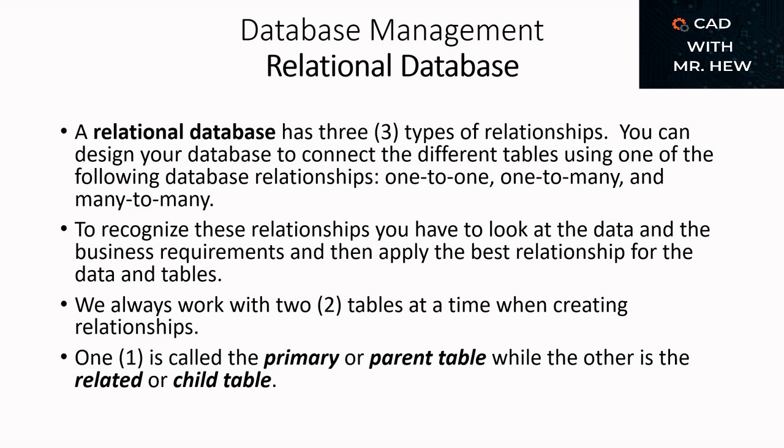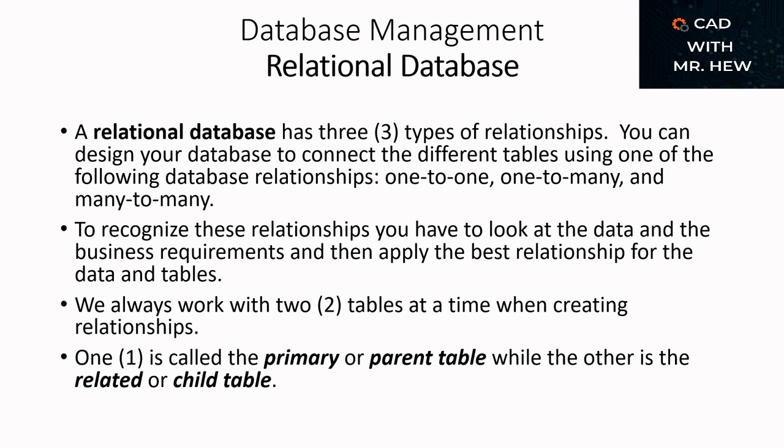Relational database. A relational database has three types of relationships. You can design your database to connect the different tables using one of the following database relationships: one-to-one, one-to-many, and many-to-many.